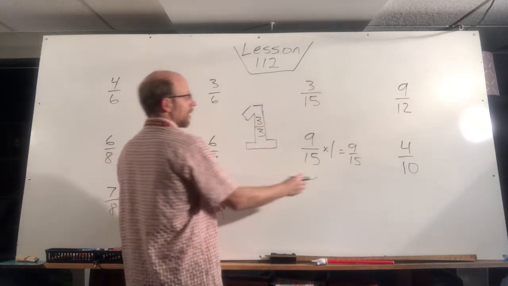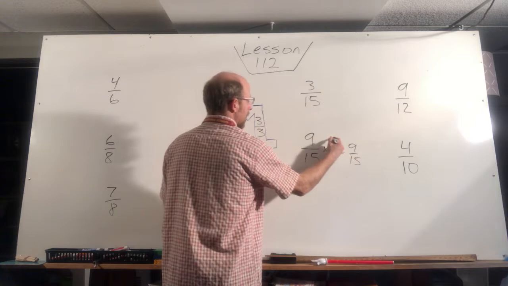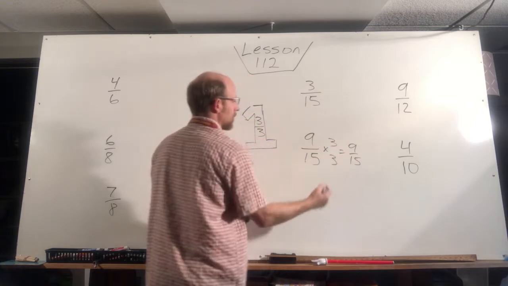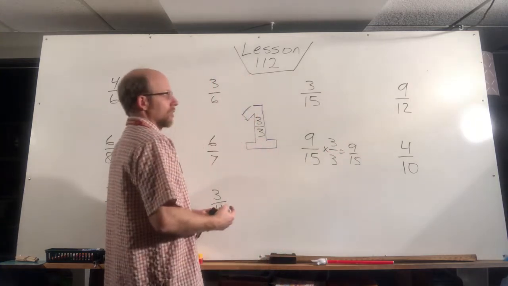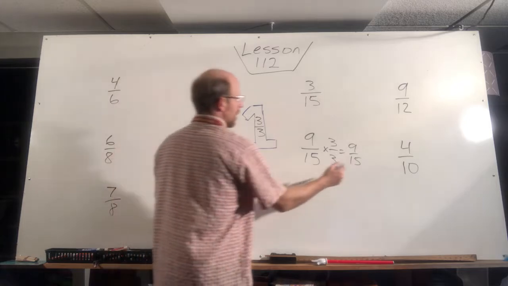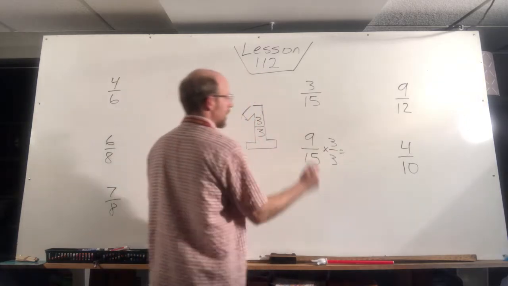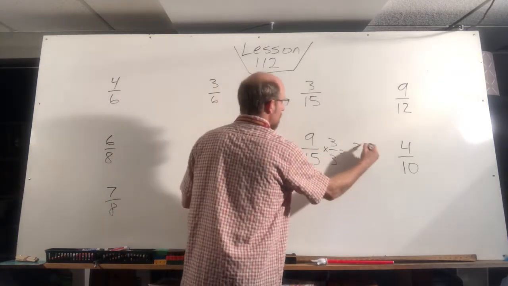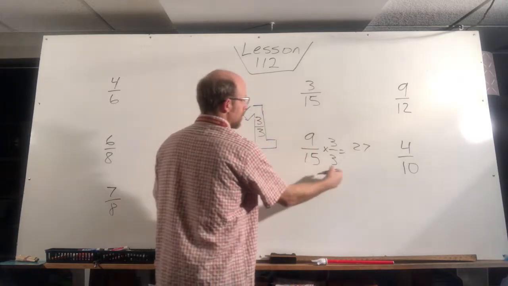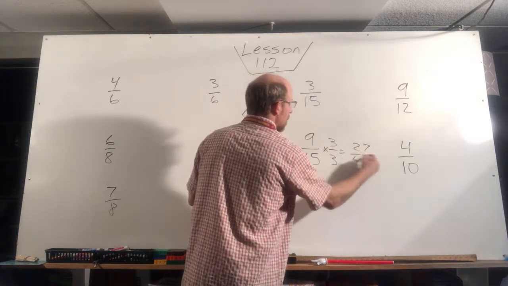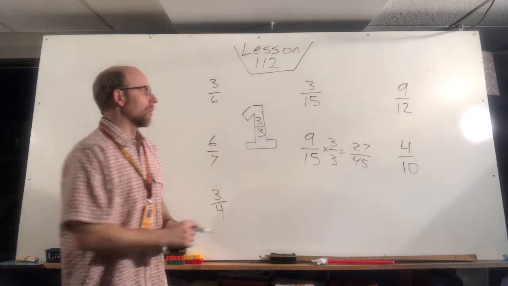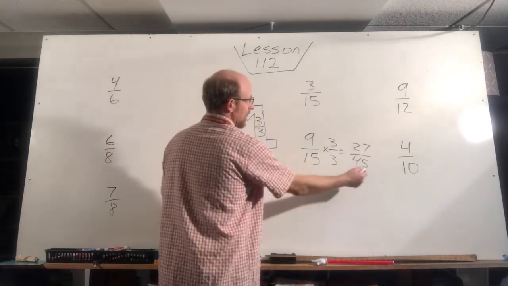If I take 3/3 and multiply, 3 over 3 is the same as 1. And 9 times 3 is 27. 15 times 3 is 45. And we learned that 9/15 is the same.